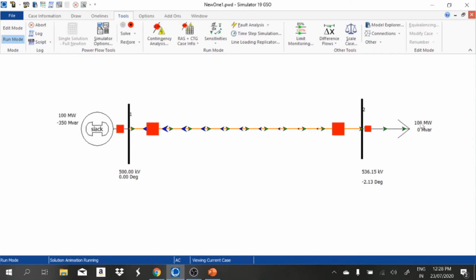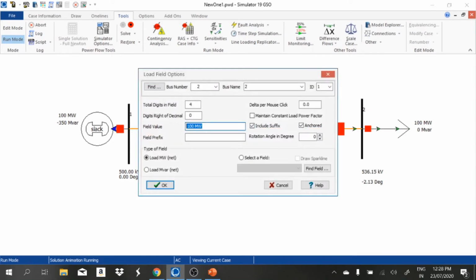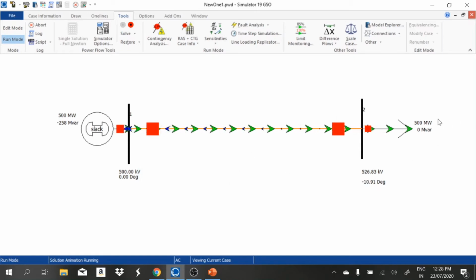Now we increase the load to 500 megawatt. For 500 megawatt, we can see here the load voltage is reduced, but still the reactive power is flowing towards the generator, not from the generator.